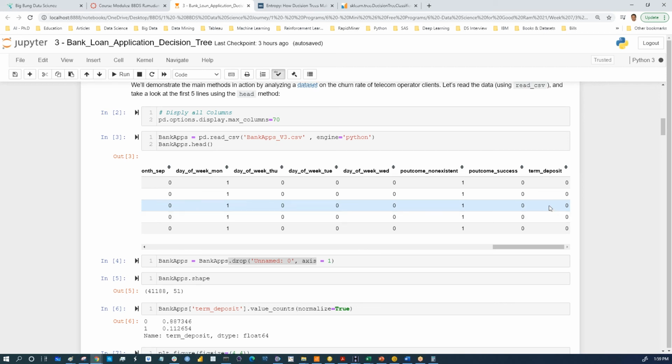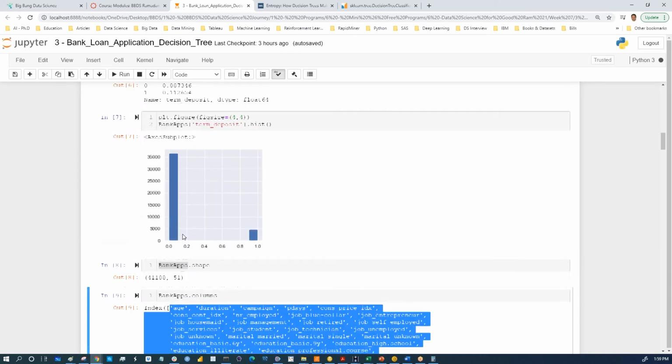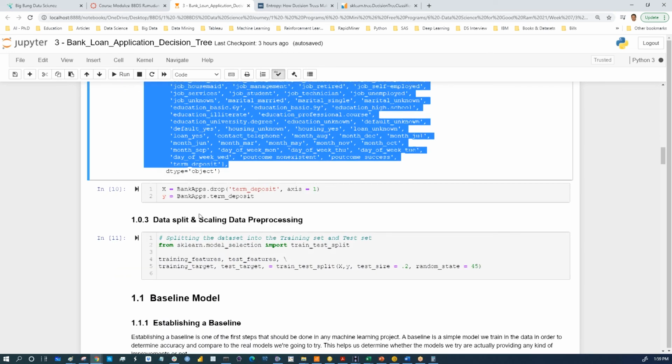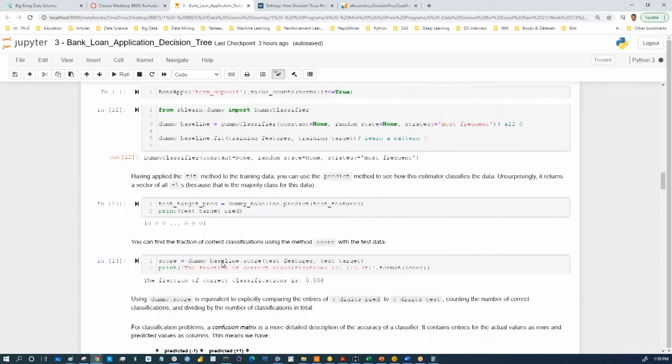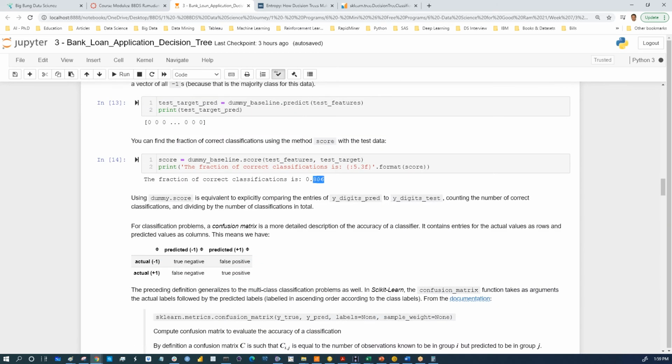In other words, it's simply learning to guess. And of course, it's going to guess at the same guessing value, that is 88%. That's why we are not going to get any better. So we want the decision tree to run, but we don't want it to run all the way to the end. If we let it run all the way to the end, it is going to memorize the data. And when it does memorize the data, it is going to guess.